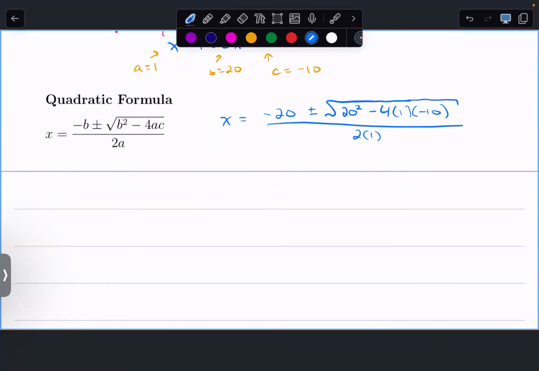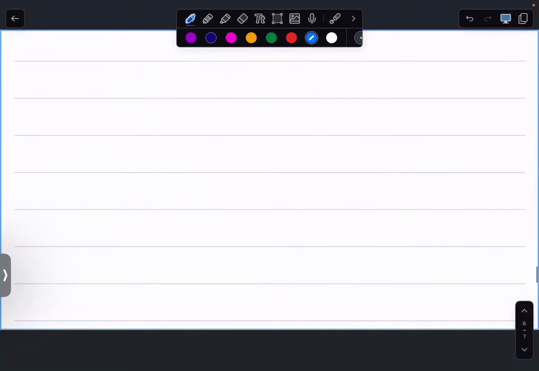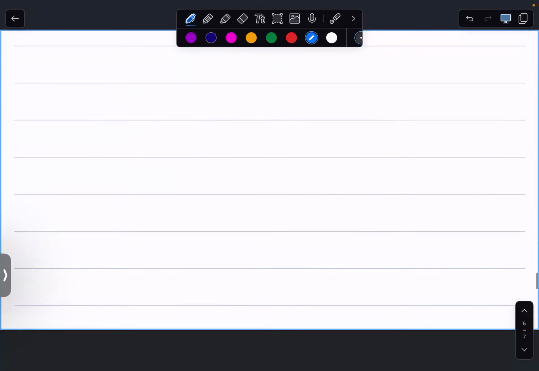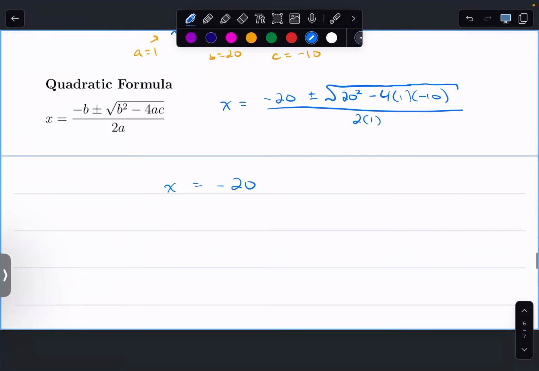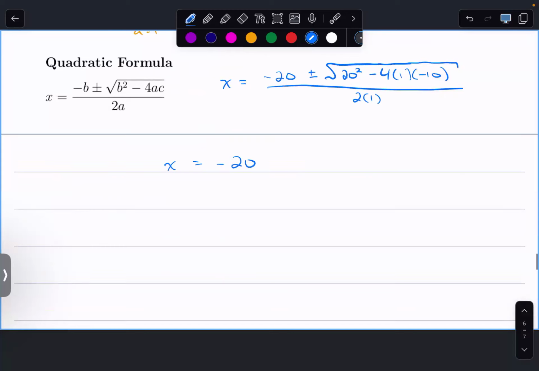So then I get x is negative 20. Let's see here. Negative 20 plus minus the square root 20 squared is 400 minus 4 times negative 10 puts me at plus 40.